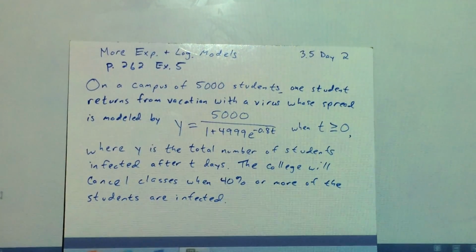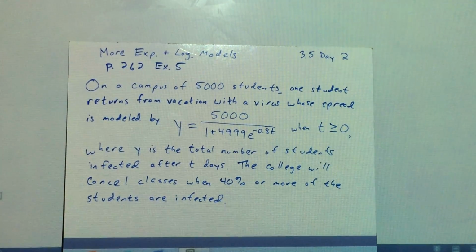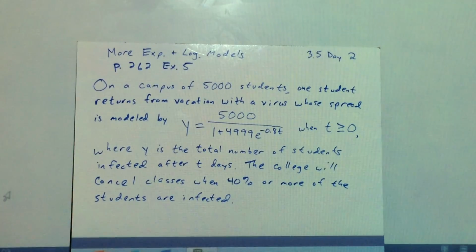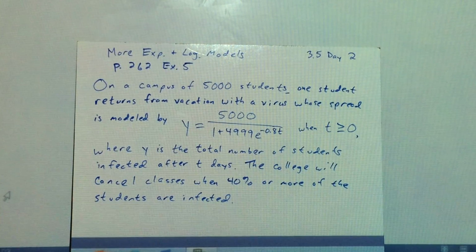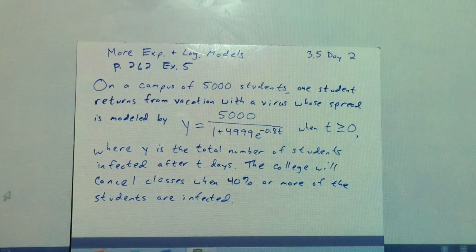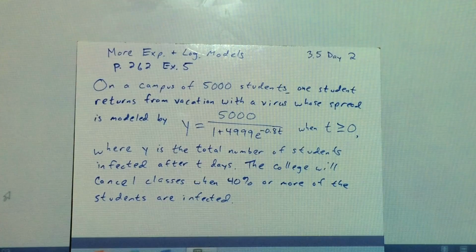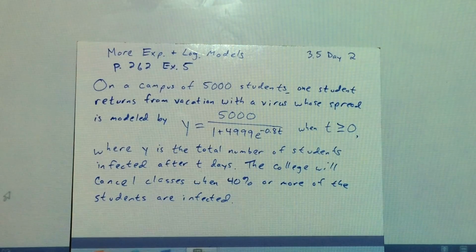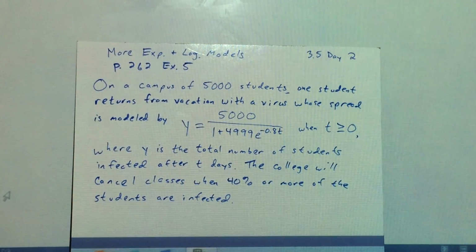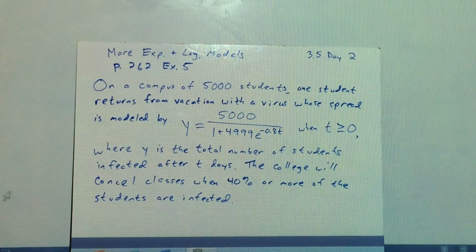If you didn't bring your book home, you'll need to write this down, but I've pretty much just taken it as it is in the book there. It says, on a campus of 5,000 students, one student returns from vacation with a virus, and the spread of that virus is modeled by this function when t is greater than or equal to 0. So you can see that is kind of a combination of a rational function, because we've got a fraction with a variable in it, and an exponential function.